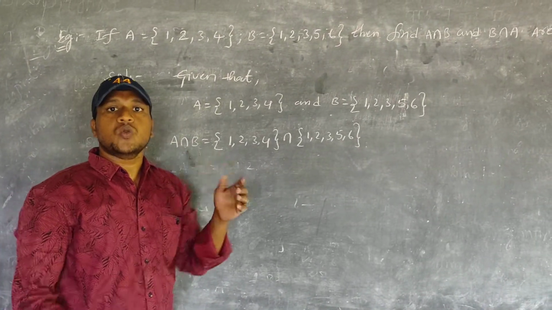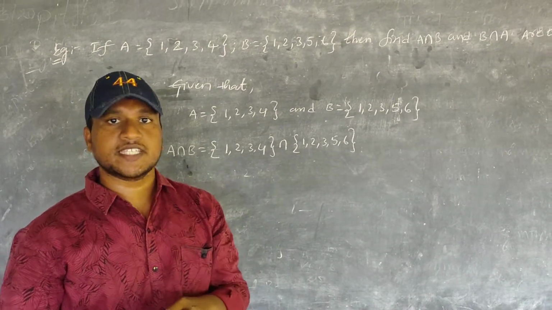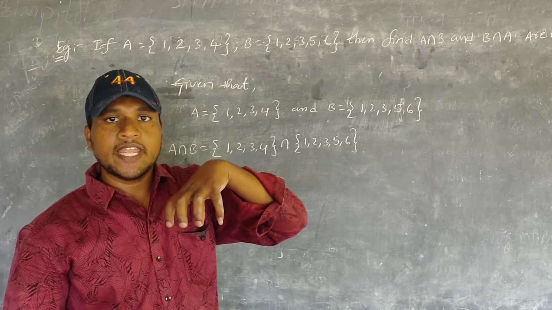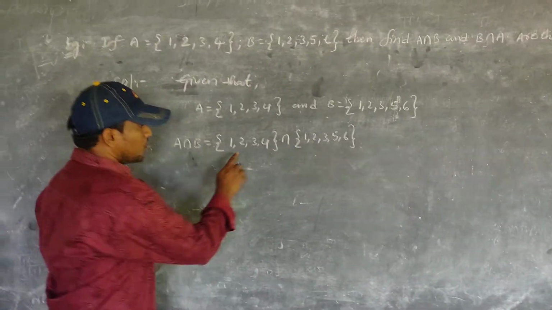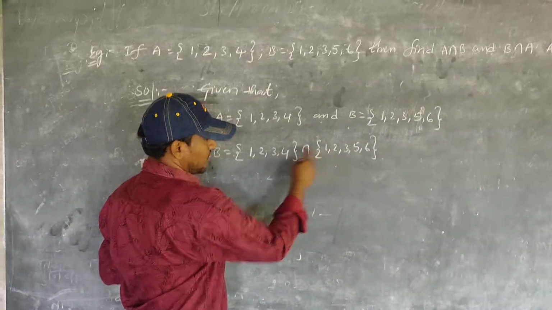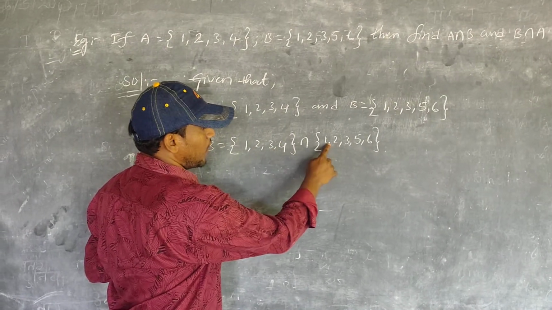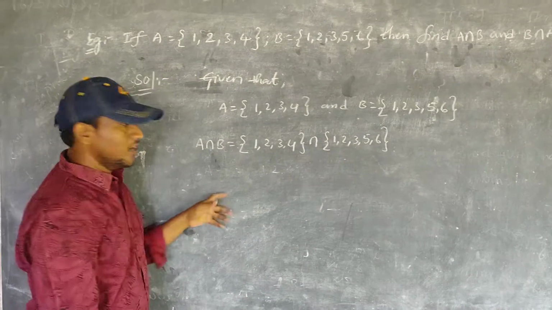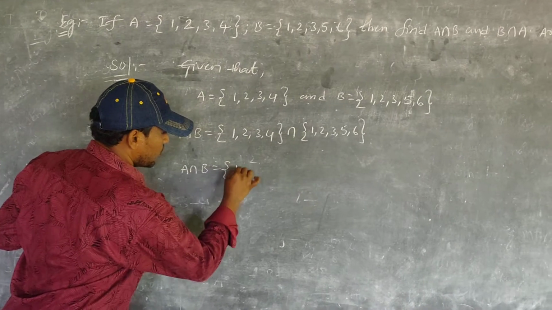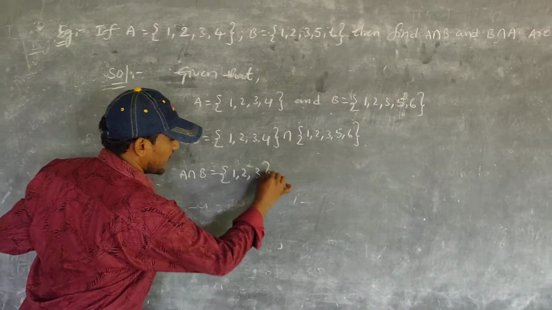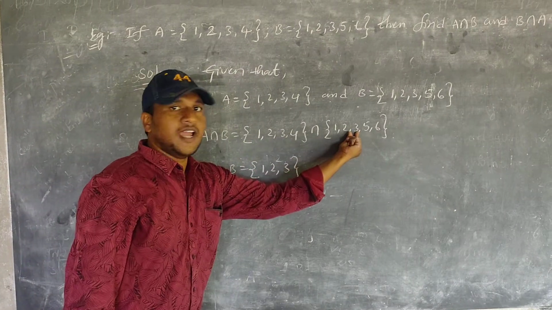Only the common elements in two sets are said to be the intersection of the sets. Observe the two sets: 1, 2, 3 are in set A, and set B also has 1, 2, 3 as common elements. Write only the common elements. A intersection B is equal to {1, 2, 3}.